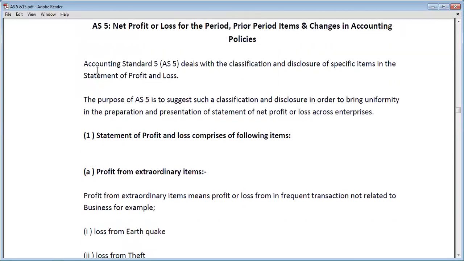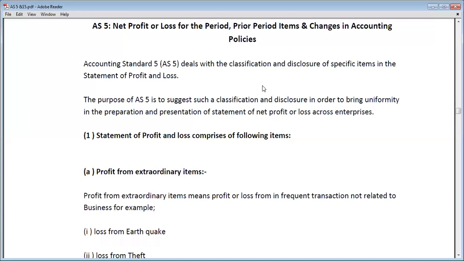First, see, Accounting Standard 5 deals with the classification and disclosure of specific items in the profit and loss account. The purpose of AS 5 is to suggest a classification and disclosure in order to bring uniformity in the preparation and the presentation of statement of net profit or loss across enterprises.